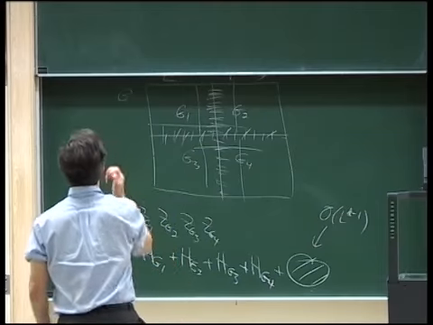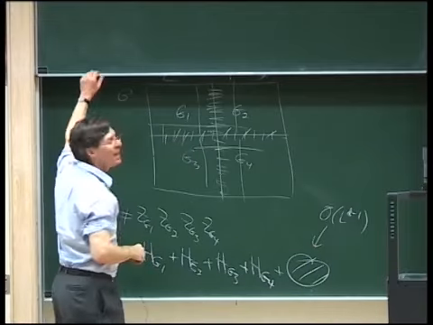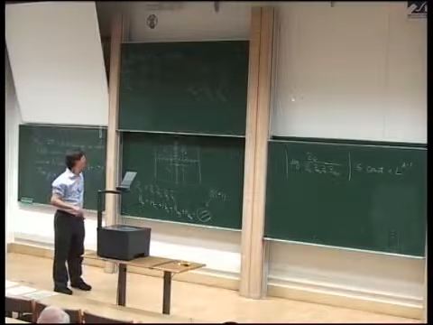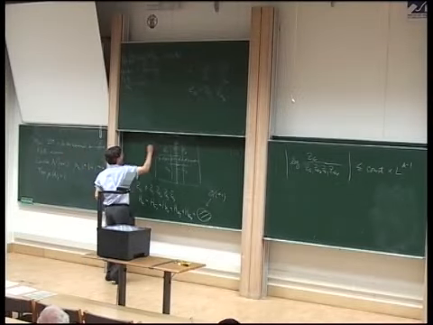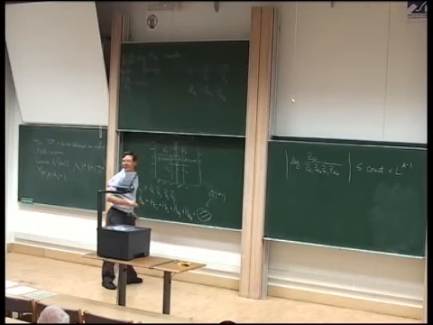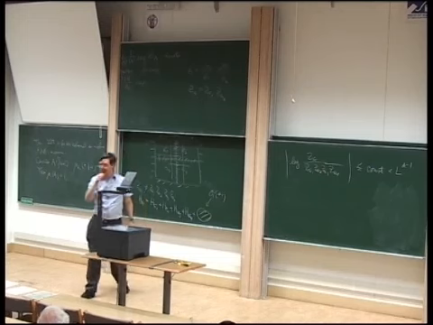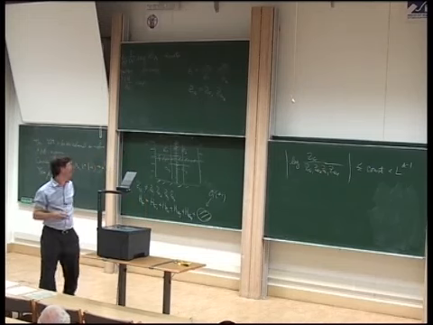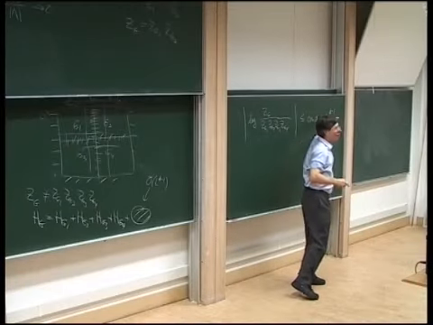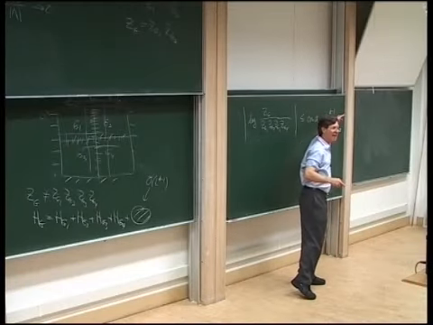And moreover, not only does it exist, it's also independent of boundary conditions, because the boundary conditions, again, only affect what's going on here. That's a surface effect. If you compare two different boundary conditions, the logs of the partition functions will differ only by a surface area.